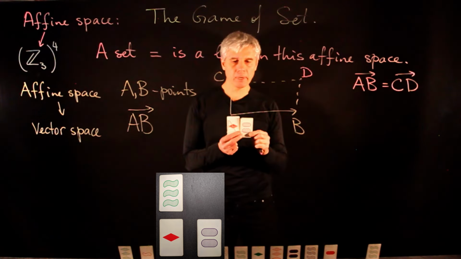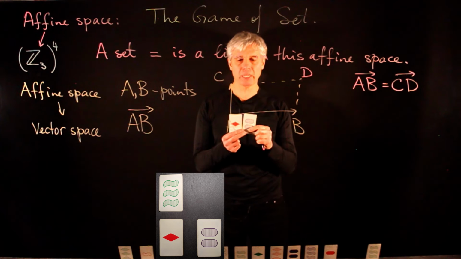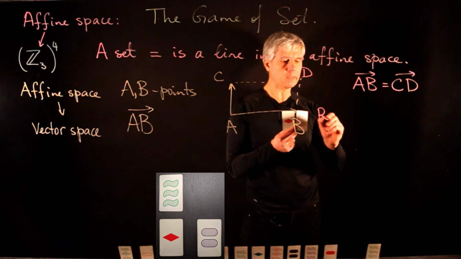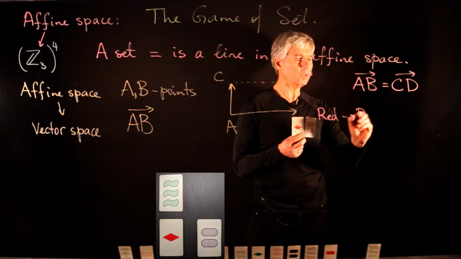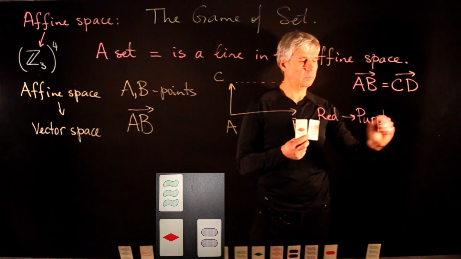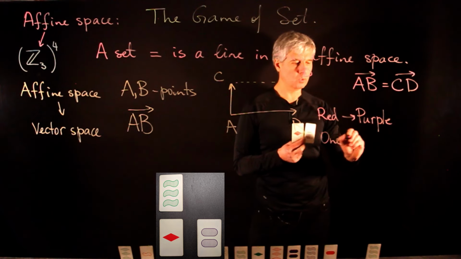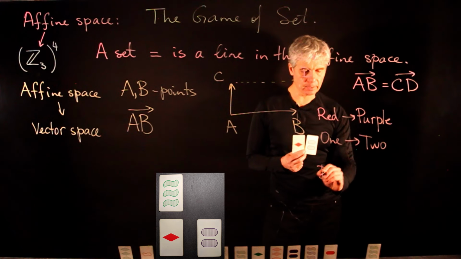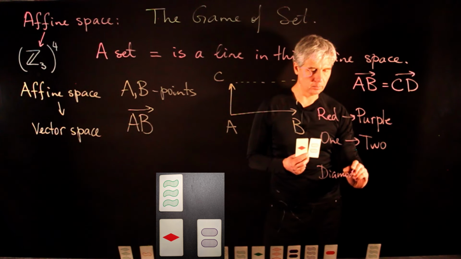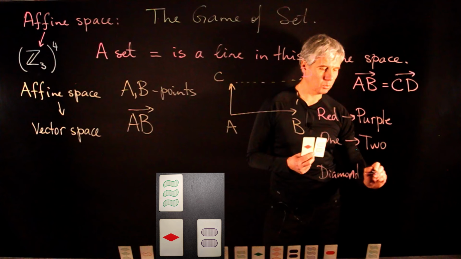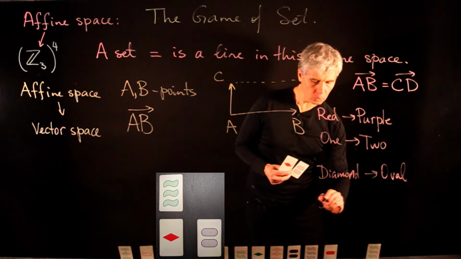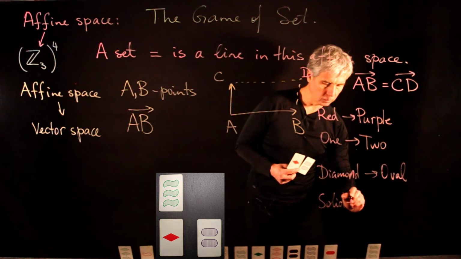I'm thinking about the vector AB as a displacement. In this vector we go from red to purple, from 1 to 2, from diamond to oval, and from solid to striped.